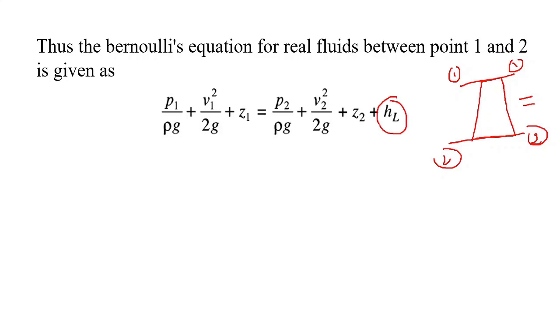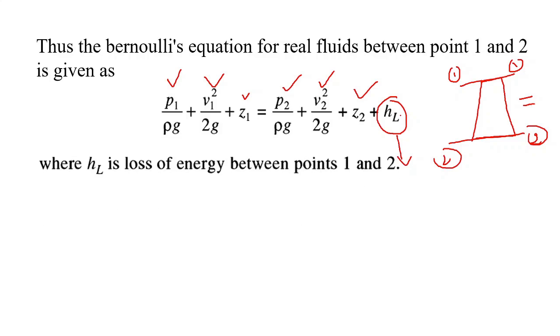So this HL is the head loss. What is P1 by rho g? I already told you, it is the pressure head. This is the kinetic head. This is the potential head at section 1-1. So this is pressure head, kinetic head, datum head or potential head at 2-2, with some losses.